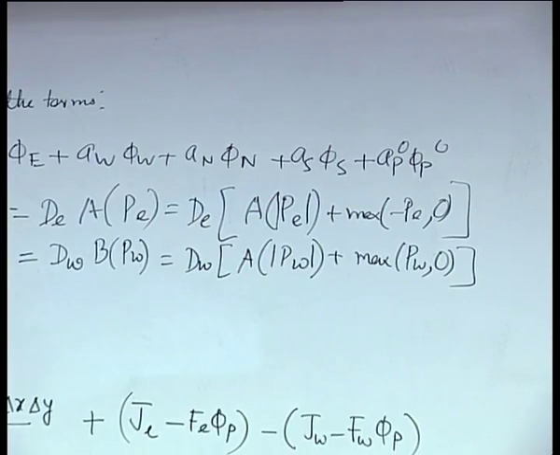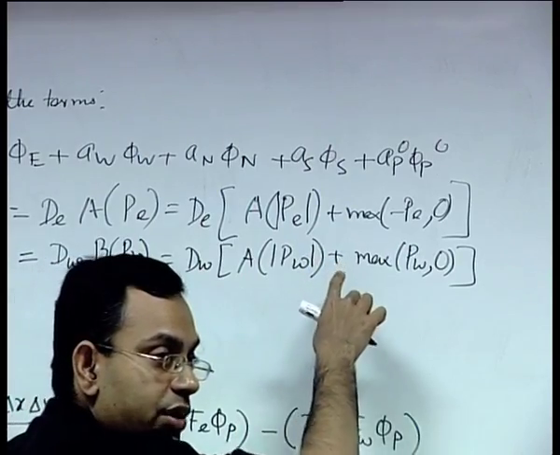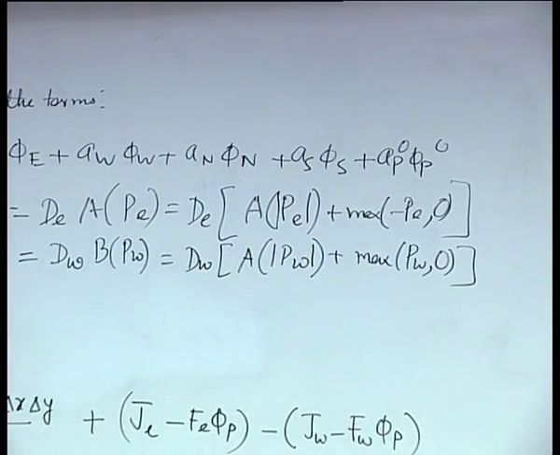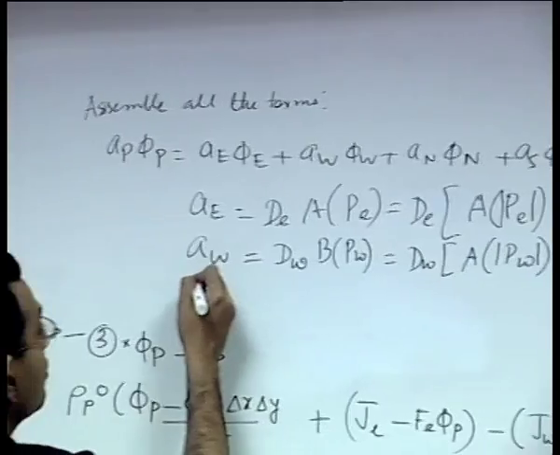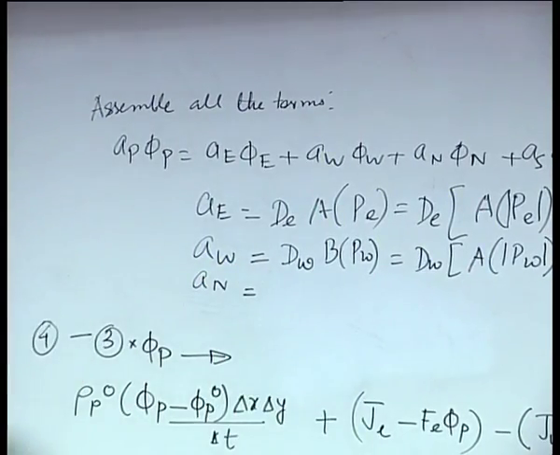Just check the formula for B that we derived in the previous lecture, that will give the corresponding expression of B of P in terms of A of mod P. Similarly, let us write AN and AS quickly.